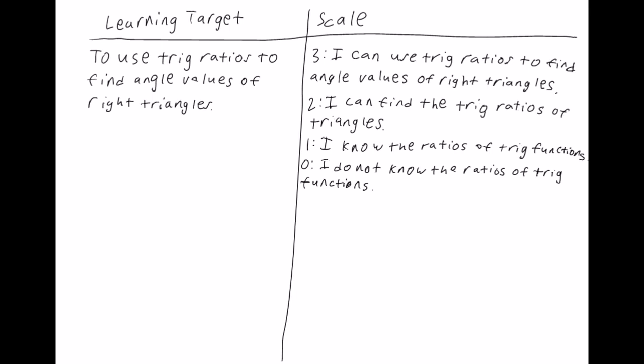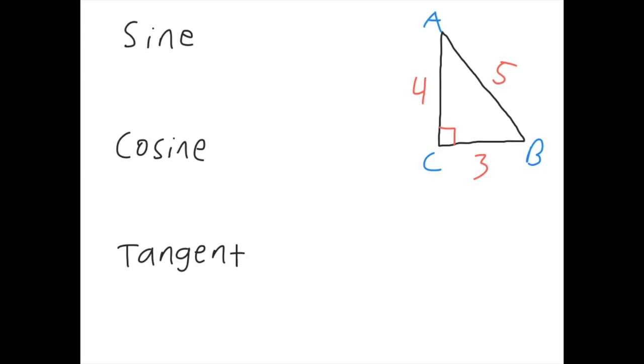You know the ratios of trig functions, but you can't put them into a triangle and find angles, but you know that, say, sine is opposite over hypotenuse. We'll get into what that means in a moment. And 0. You do not know the ratios of trig functions. Let's get started.